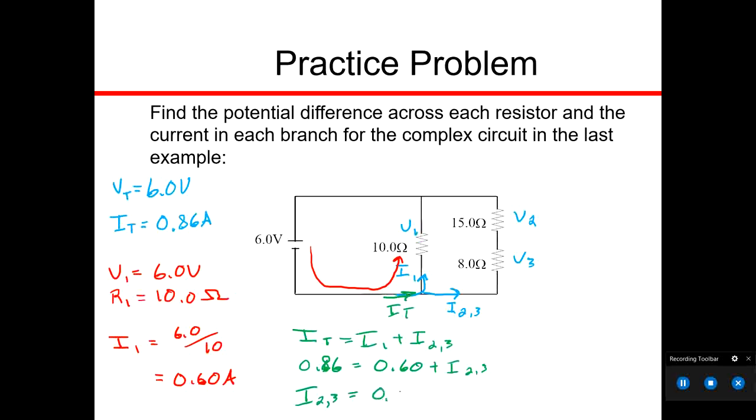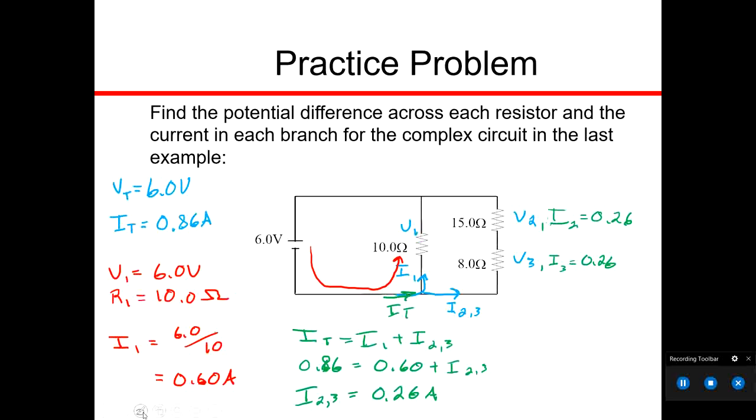I23 is equal to 0.26 amps. Since this I23 branch, these are in series, if you remember our rules for series circuits, the current is the same in both, which means the current for resistor 3 is equal to 0.26, as well as the current for resistor 2 is also 0.26, since they are both in series.